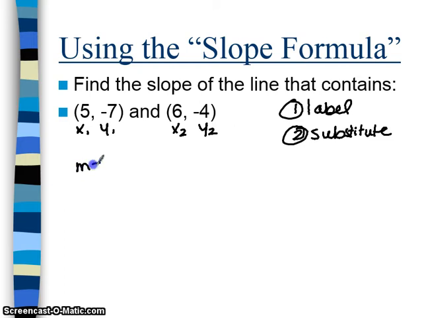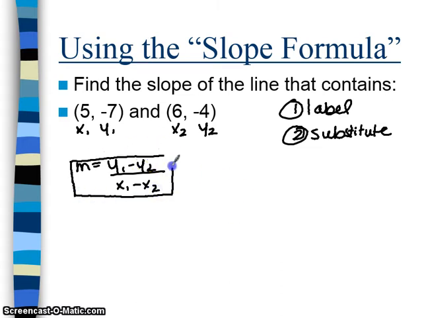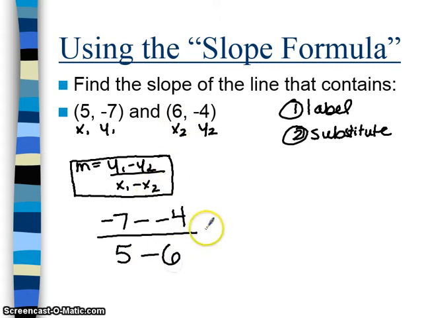So we have slope is equal to y1 minus y2 over x1 minus x2. Remember, I want you to memorize this as the slope formula. Now, substitute values. y1 is negative 7, so we have negative 7 minus y2, which is negative 4, over x1, which is 5, minus x2, which is 6.